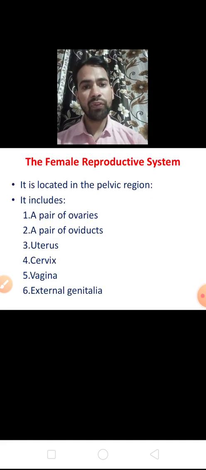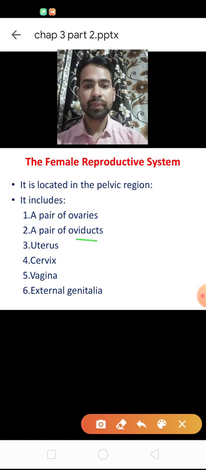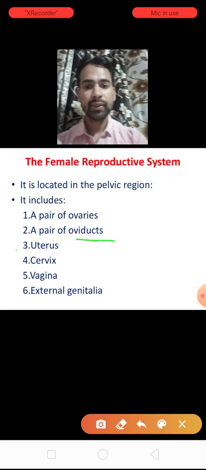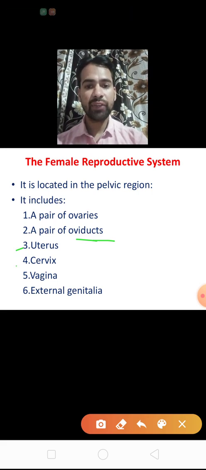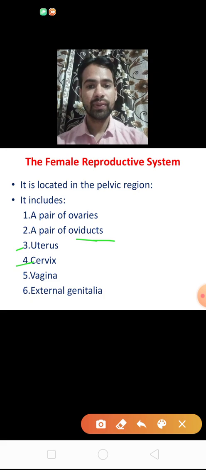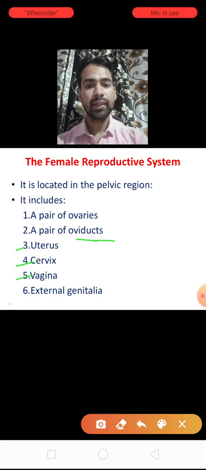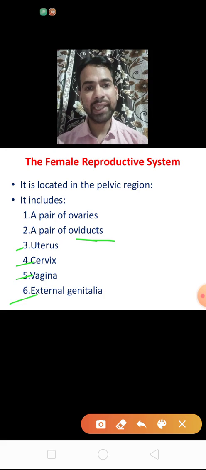Okay, so the female reproductive system is located in the pelvic region, and it includes a pair of ovaries, a pair of oviducts, uterus, cervix, vagina, and external genitalia.